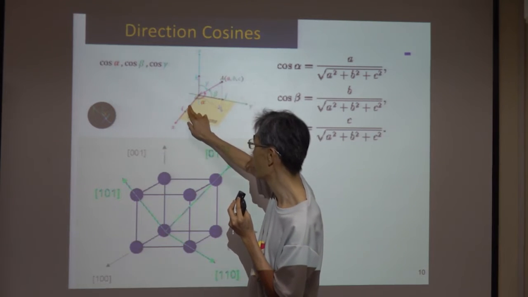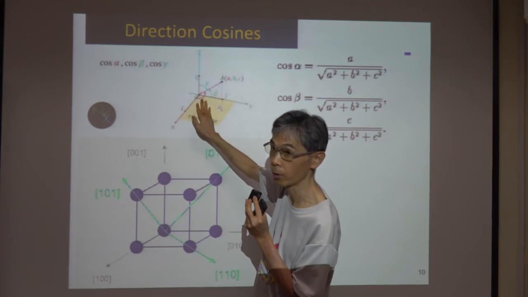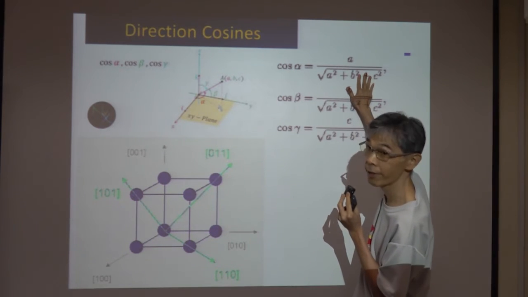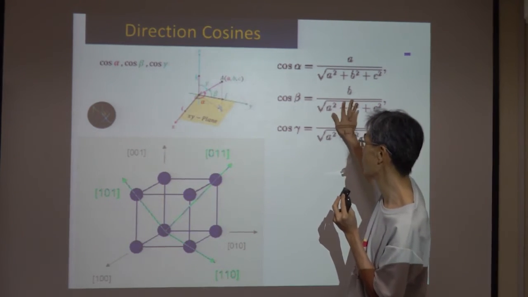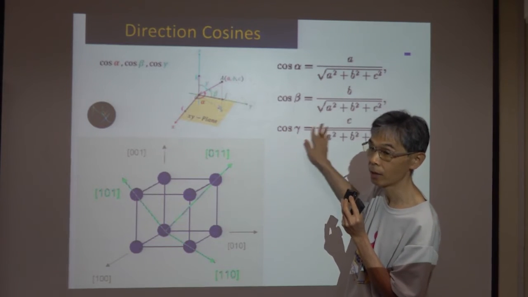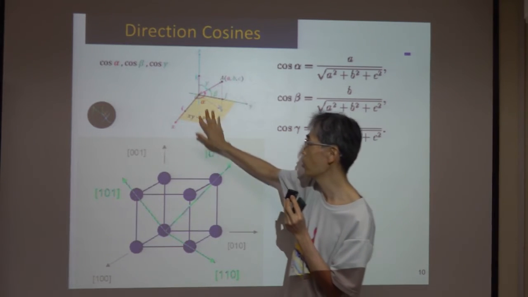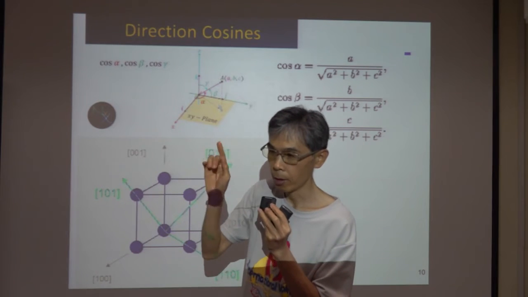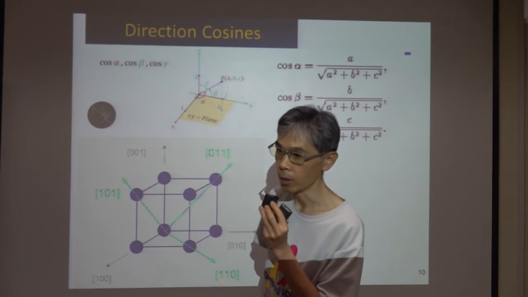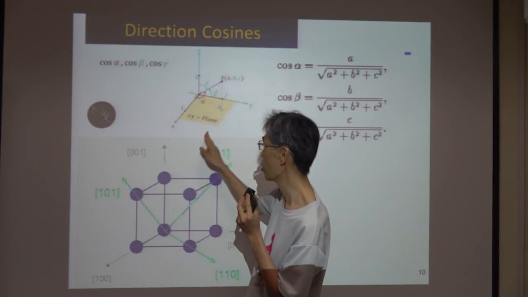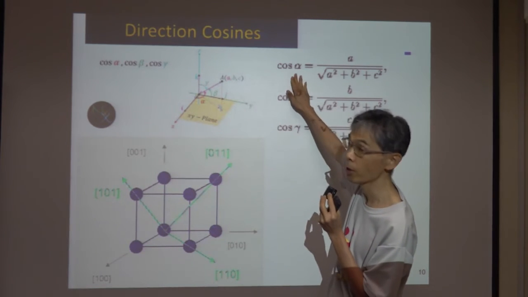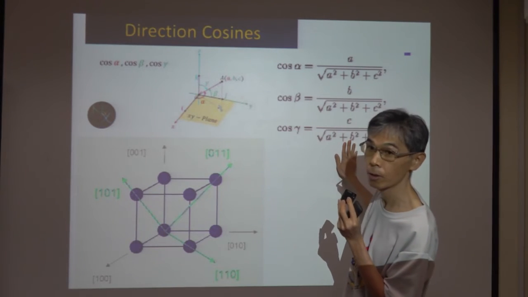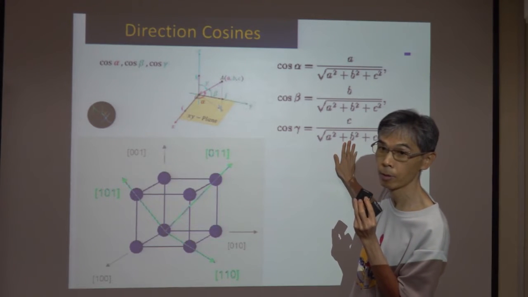You can use the 3 triangles to prove cosine alpha equals this value, cosine beta equals this value, cosine gamma equals this value. So draw this figure and draw 3 triangles, and use these 3 triangles, you can prove the direction cosines can be written in these 3 expressions.